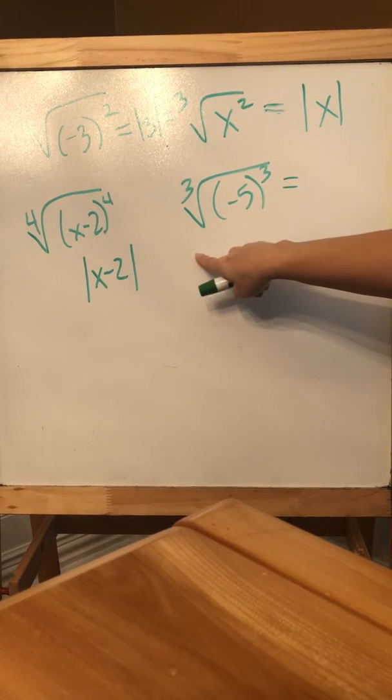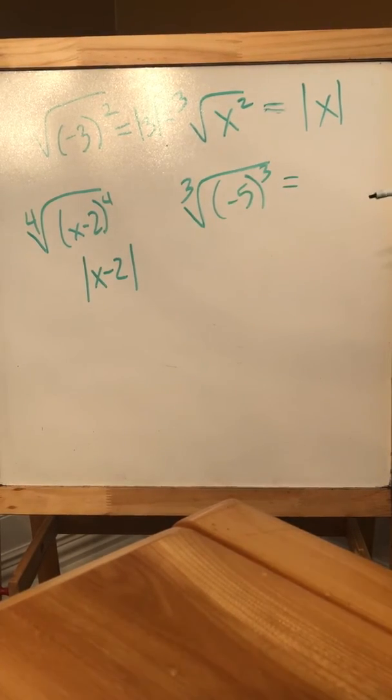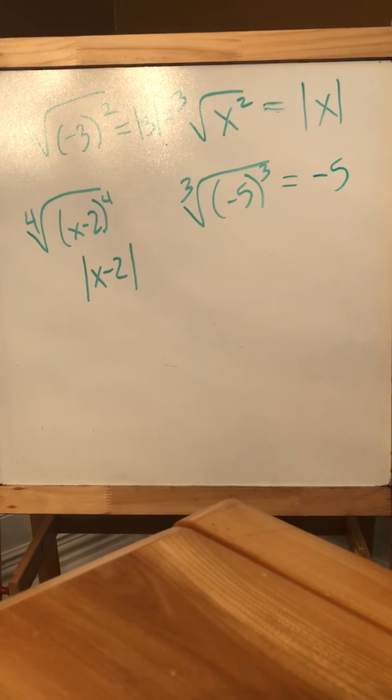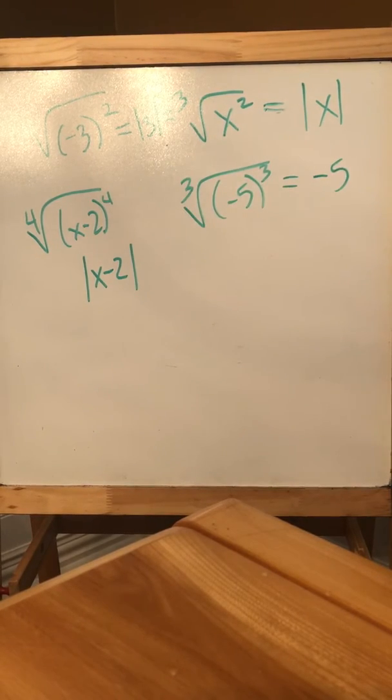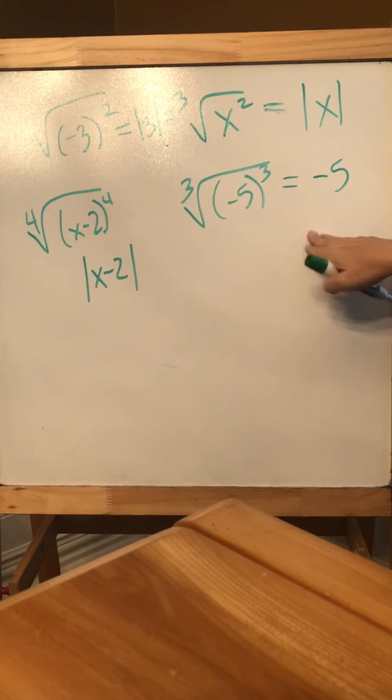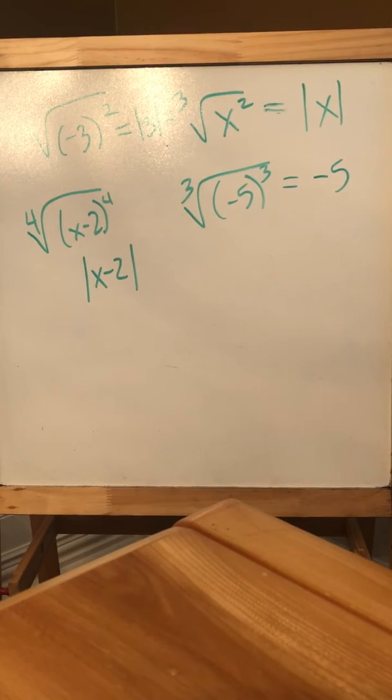Then if you take the cube root of that, what do you get? You end up with -5. And it's not an absolute value, because if this was a +5, your answer would be +5. You're actually able to solve this one. Okay? Let me erase these and put up the next 3.